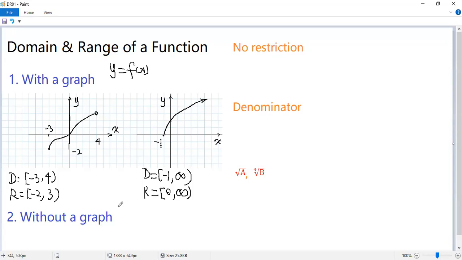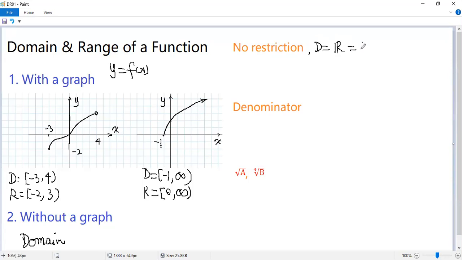If the graph of the function is not given, or it is hard to graph the function, how do we find the domain and range? Well, we can use an algebraic way. Let's consider domain first. We consider 3 cases. If there's no restriction for a function, then the domain is the set of all real numbers.